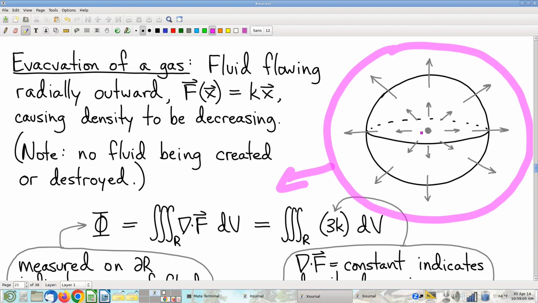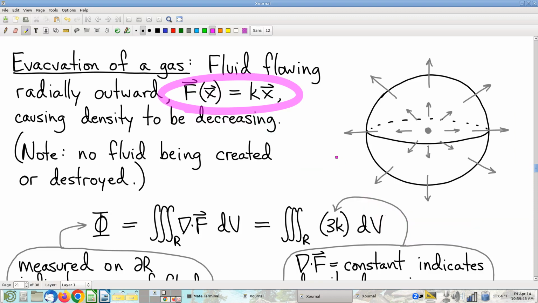And little pieces of gas that are close to the center move a little bit, but not very much, because they're being pulled from the other side as well. So I propose, and I think this is a reasonable claim, that this vector field is proportional to the position vector. It's always radially outward, and the further you are away from the origin, the faster you have to follow along with the edge of the balloon that you're near. So I hope that seems kind of plausible. Is that all right?